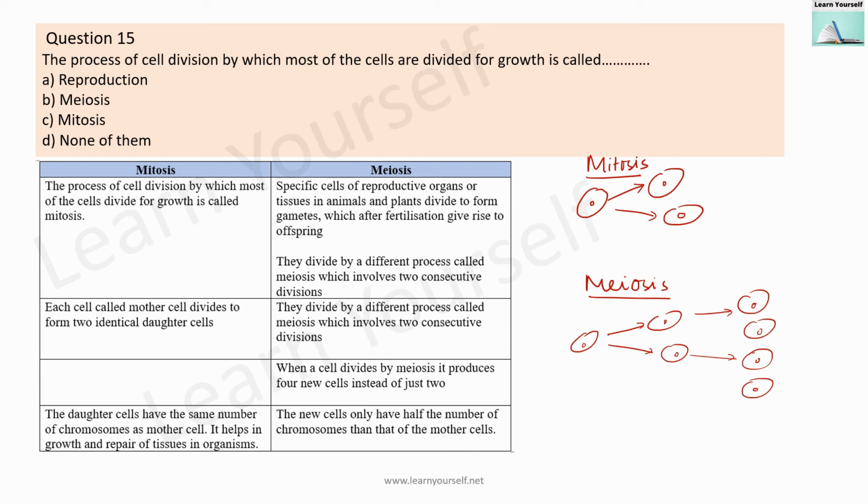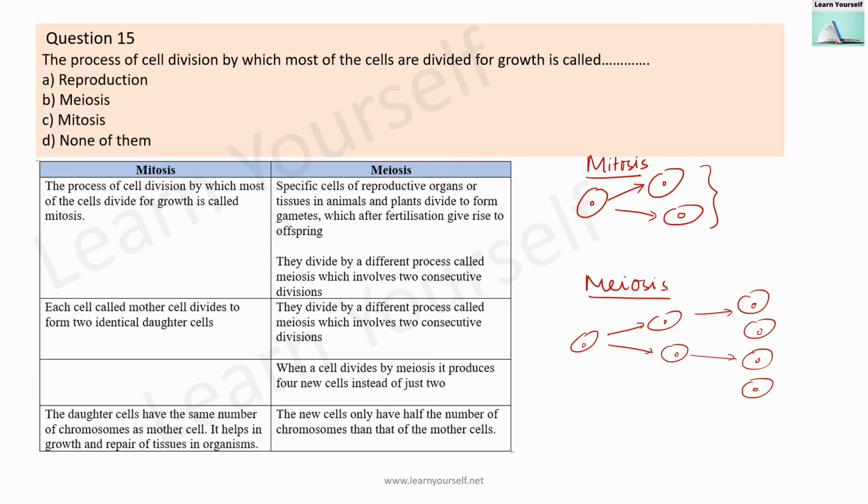Whereas here in mitosis, the chromosome count will remain exactly the same, whereas in meiosis, the chromosome count will become half. Another difference is each cell, called mother cell, divides to form two identical daughter cells, which we have seen here. Then in meiosis, they will divide by two consecutive cell divisions, and they will give half the number of chromosomes in each of the cells.